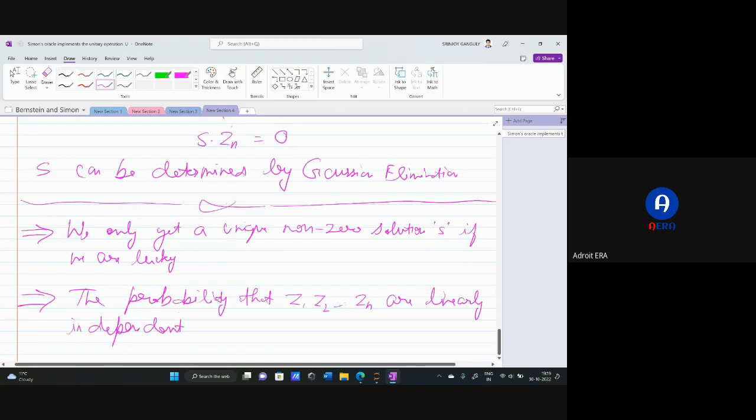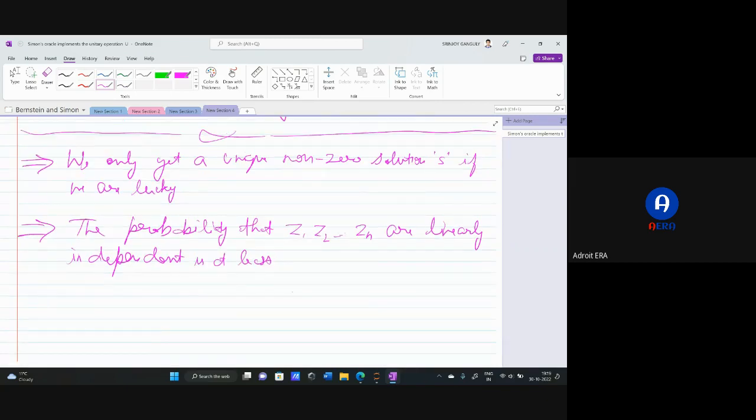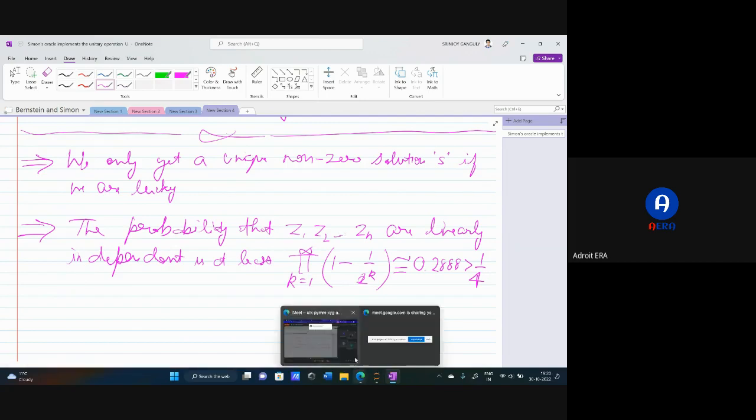You do not need to remember these points; this is for the completion of the algorithm, just for your extra information. It is given by at least 1 minus 1 divided by 2 to the k, which is almost equivalent to 0.2888, and which is greater than 1 by 4.